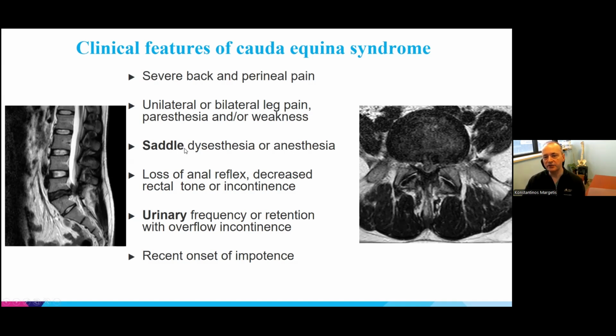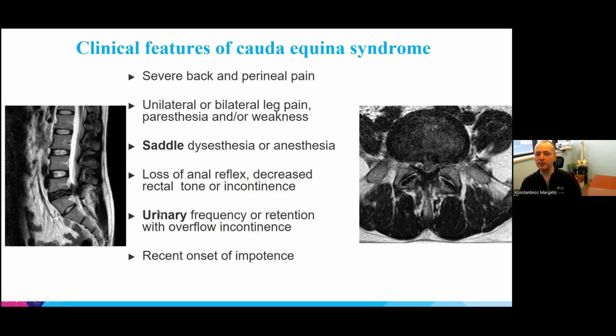So saddle anesthesia. So it's very, very important, if the patient presents with severe acute low back pain, to ask if they have any sensation problems in their private area. If they do, that should raise an alarm and get imaging and make sure that there is no massive disc herniation compressing the nerve roots.